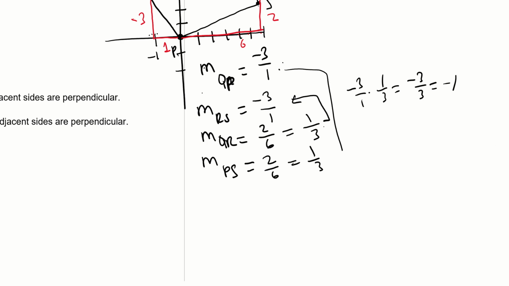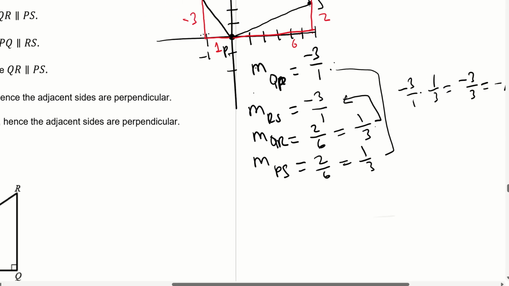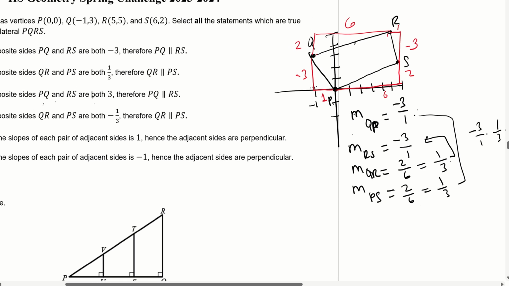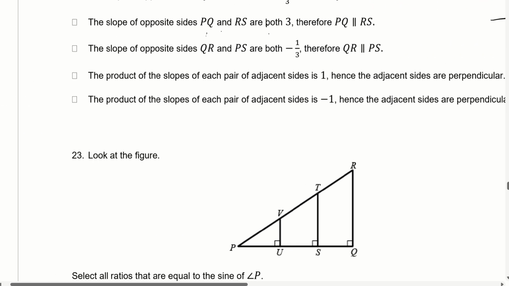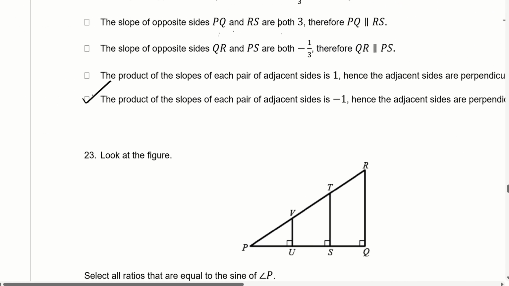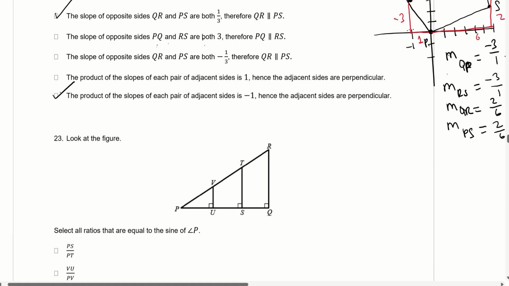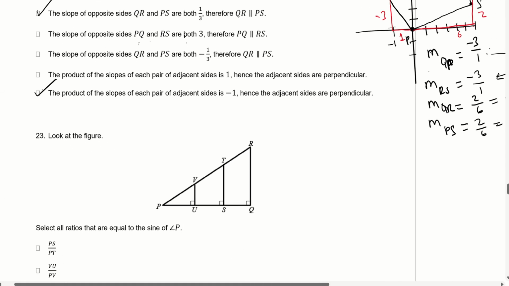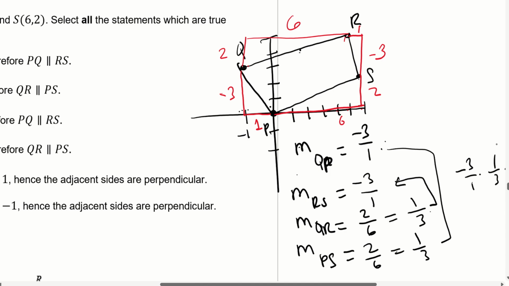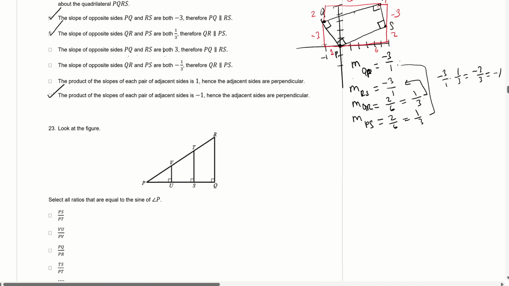These sides are next to each other, right? So I can multiply those. So I do get -1 when I multiply the slopes of the sides next to each other, okay? So that means it's got to be this one. And so what we just showed is that these are perpendicular, so these are actually right angles, right? And therefore, what we have here is a rectangle. And we know it can't be a square because the sides are not the same length, but it does have right angles, so it's a rectangle.